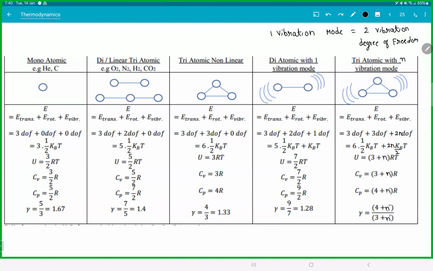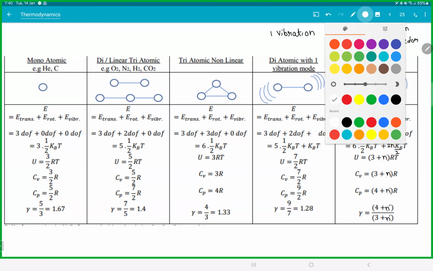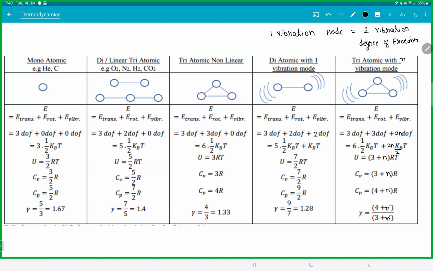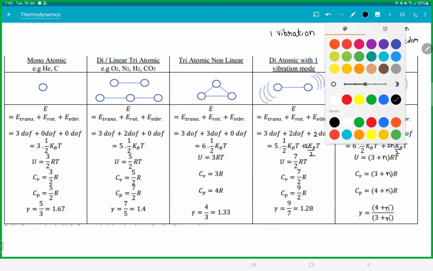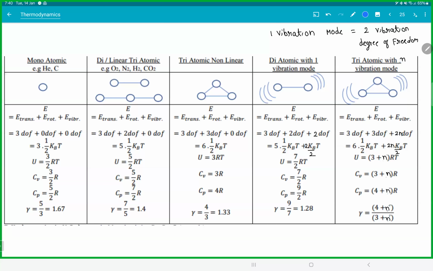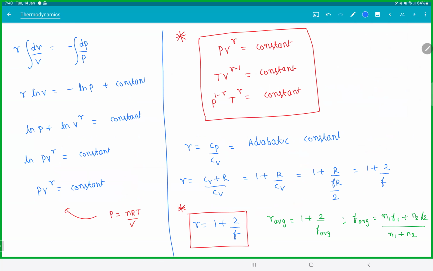That's a total of 10 degrees of freedom. This also will be 2 and 2 by 2. So there. Do mug up this table. This is from NCERT, so we need to follow this. This is how you find degrees of freedom for different types of gases. Clear with this? These are the main stuff.